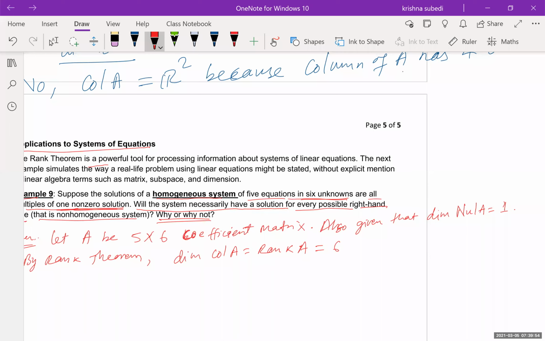See here, this is your m by n, so n is 6, therefore 6 minus 1, that is 5.